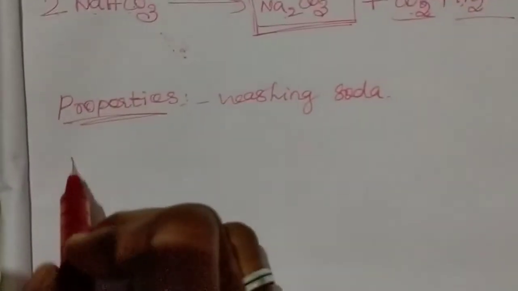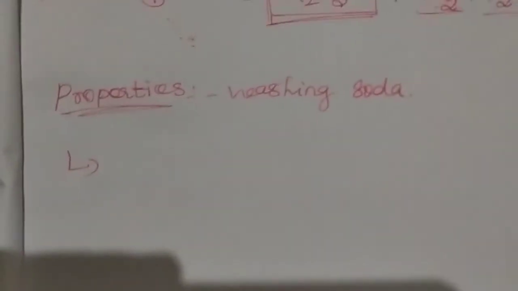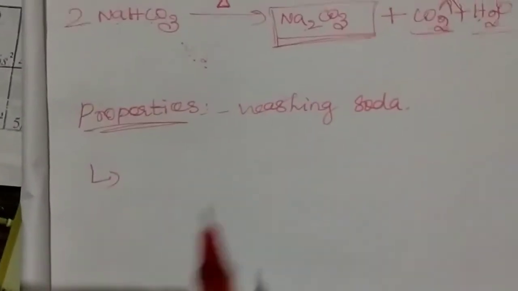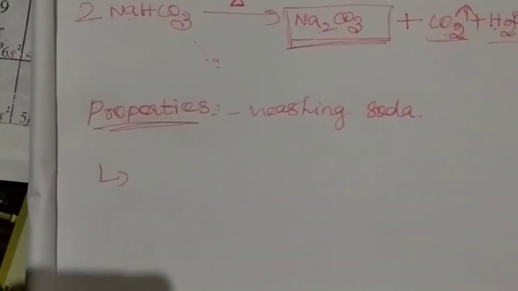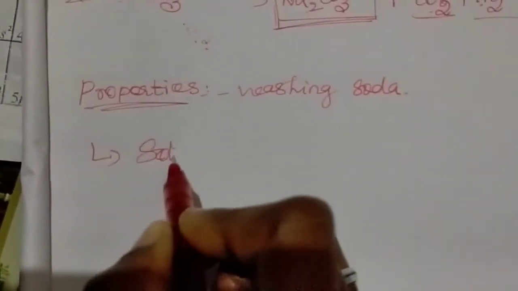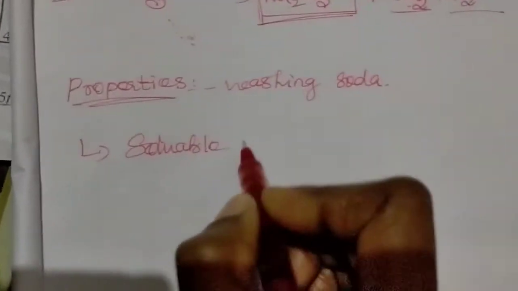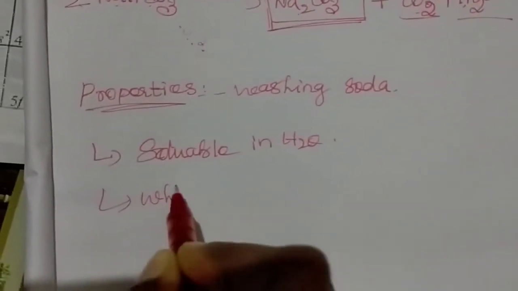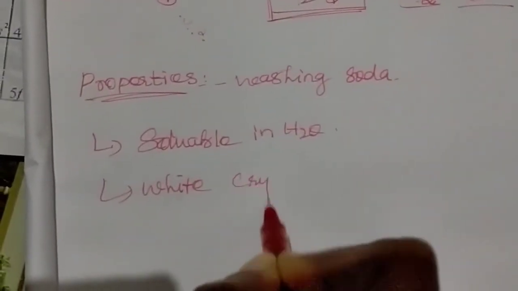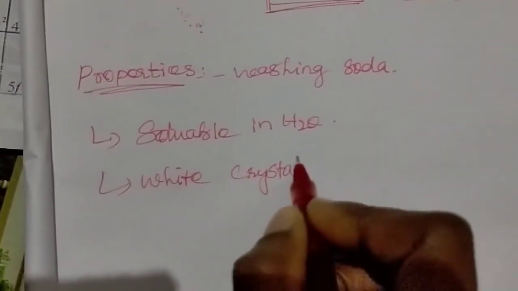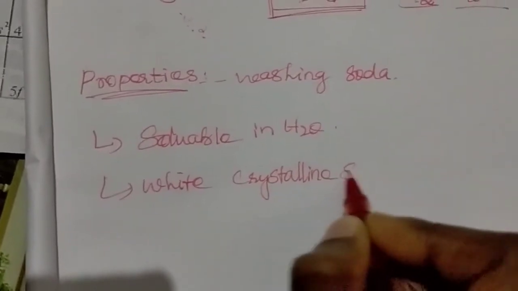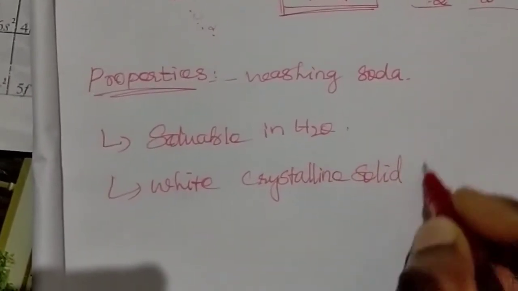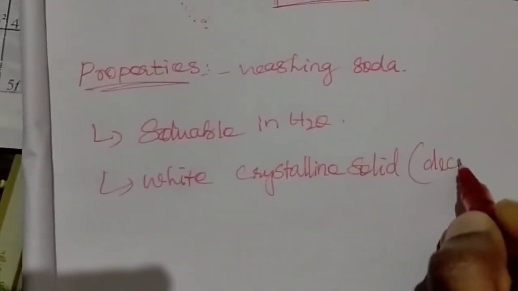It is soluble in water, that's why we use it as washing soda. That means it easily dissolves in water. White color, white crystalline solid, with decahydrate.